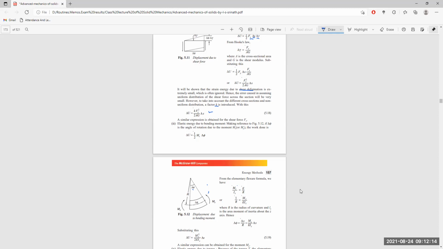Then we put the value of 1 by r. Delta phi is delta s divided by r, or r delta phi is equal to delta s.